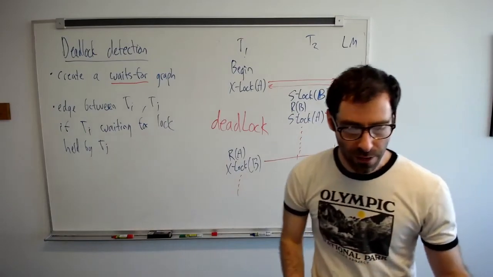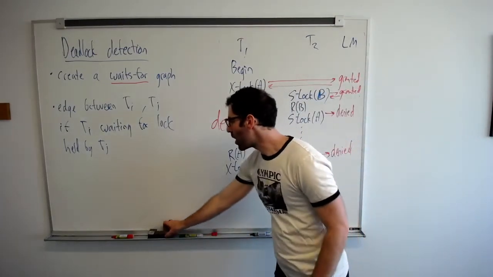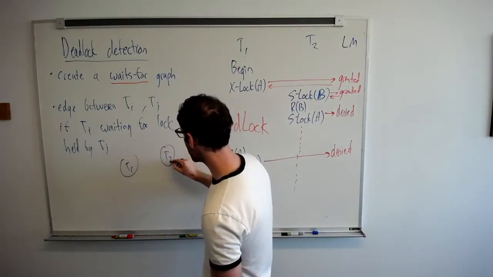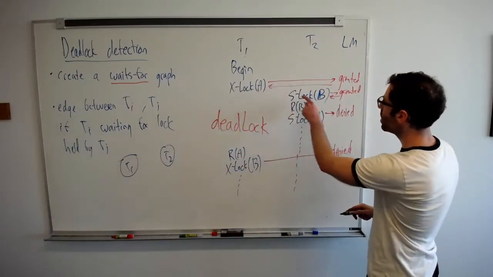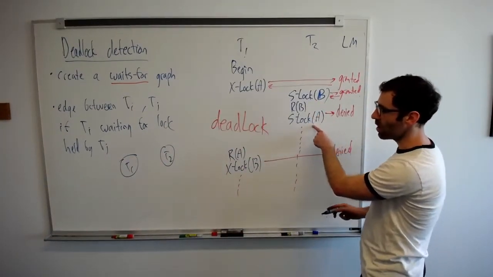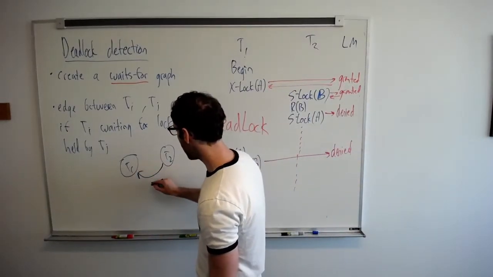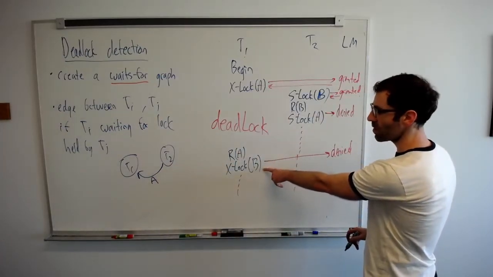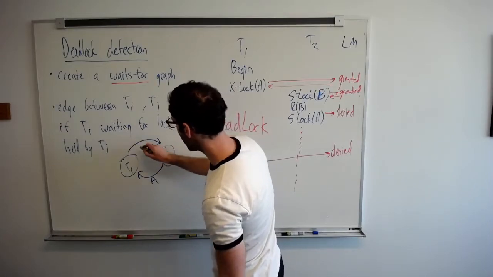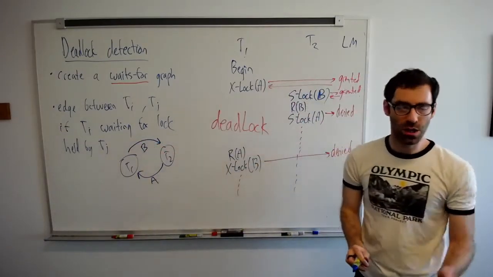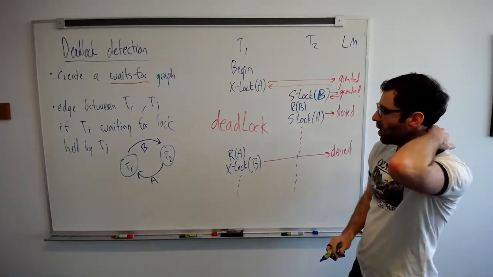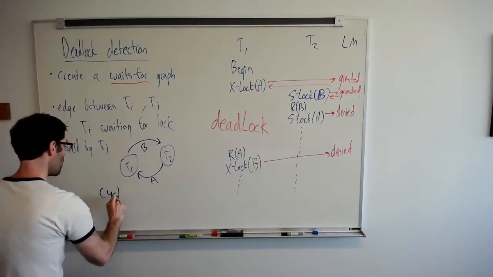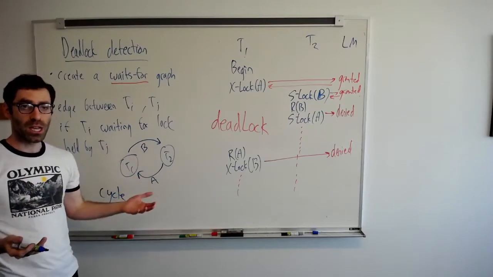And so we'll put these edges into the graph as our lock manager finds that our transactions are waiting. And so in this example, if we have our T1 and T2 nodes in our graph, when T2 tried to acquire S-lock on A, we'd say, all right, T2 is waiting on T1 for a lock on A. And then when T1 tried to acquire an exclusive lock on B, we say, all right, T1 is waiting on T2 for a lock on B. And like we saw before, a cycle in a graph means something bad is happening.